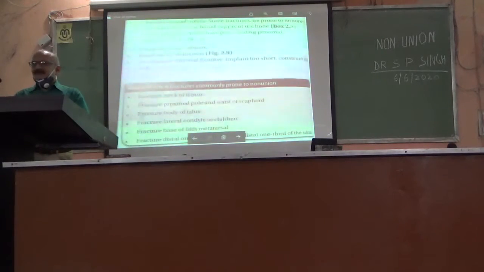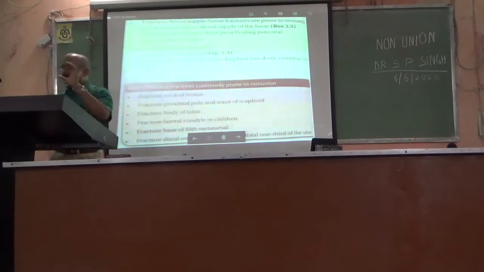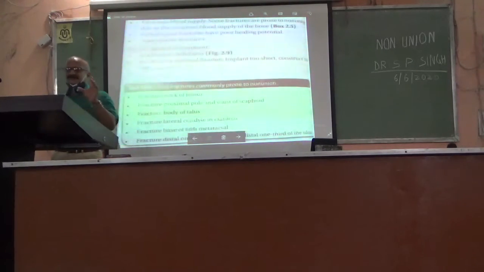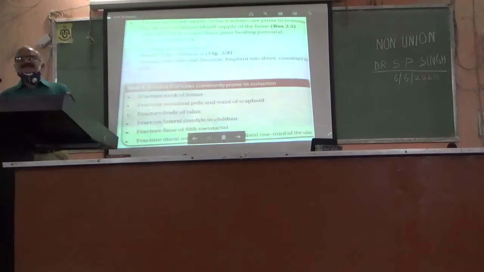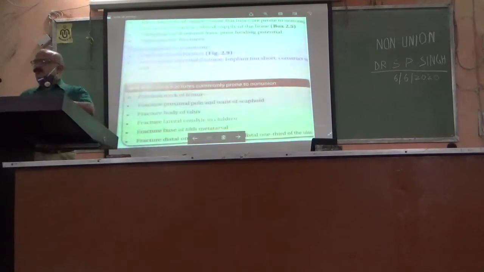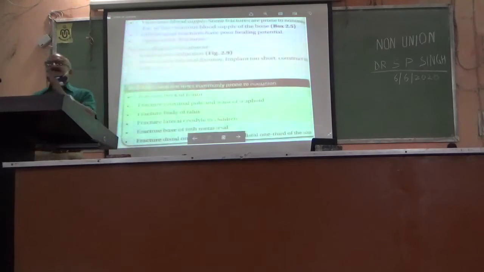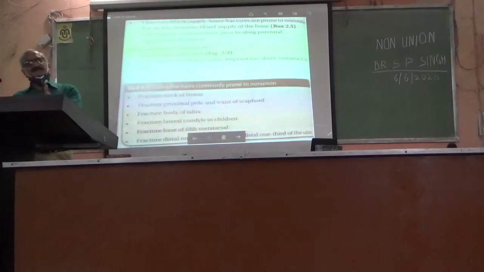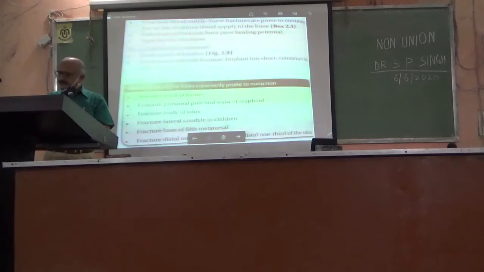What will happen? That part will be simply rendered avascular. And the moment a part of fractured bone is rendered avascular, there will be absence or total cessation of healing activity. Is it clear? And the moment there is cessation of vascularity in the arena, there will be cessation or delaying of the healing process as well.